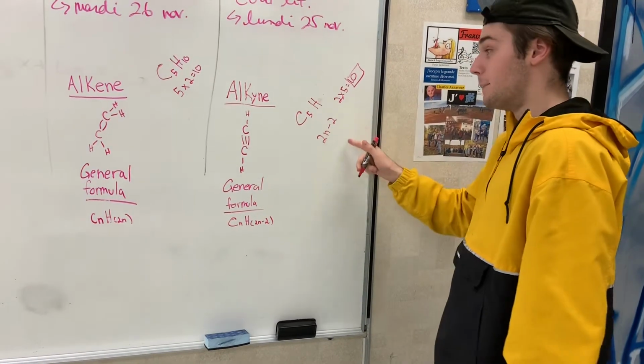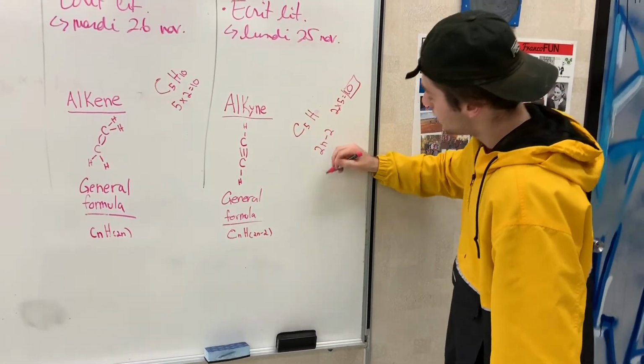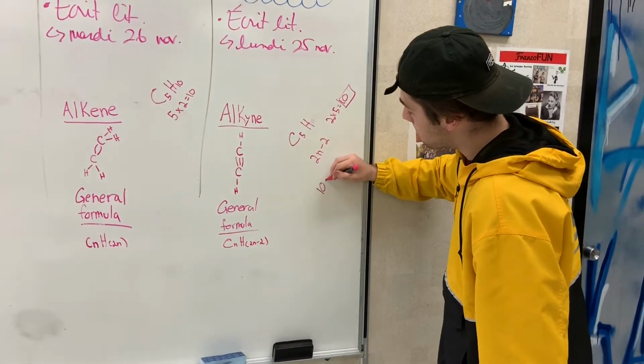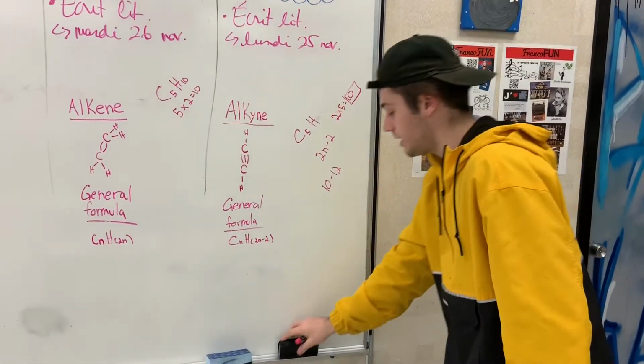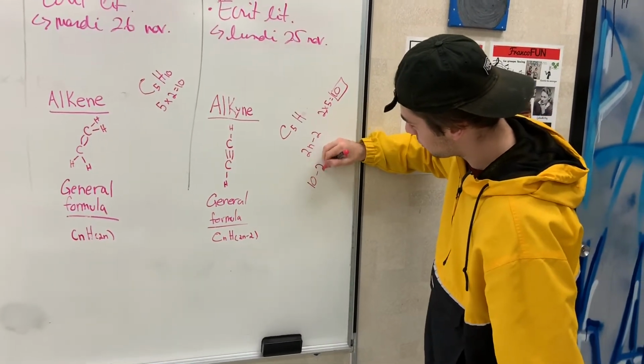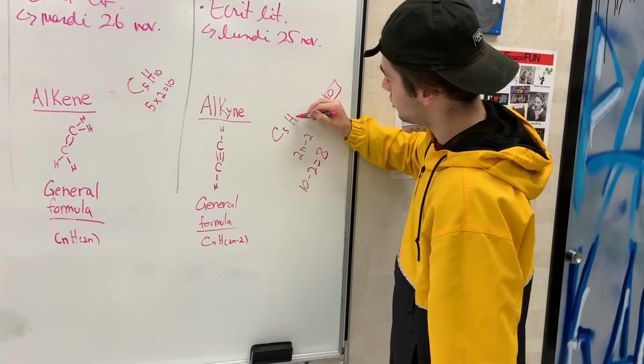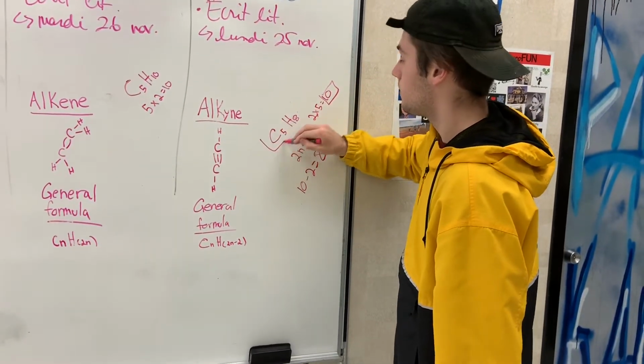Is 10. But since we have that triple bond, it takes up a lot of space, which means we're going to have to go 10 minus 2. Oh, I did 12. No. 10 minus 2, and that equals 8. That means the H will equal 8.